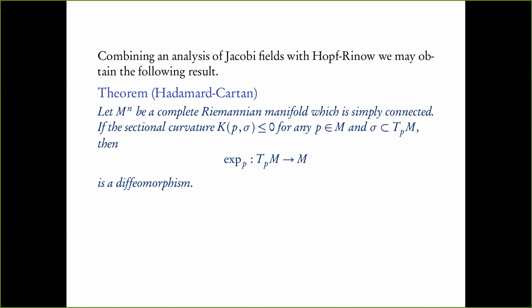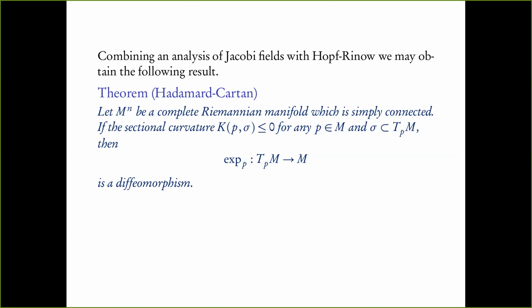So the first thing is that you might ask, why is the exponential map defined on all of T_pM? Well, that's because we're assuming that M is complete. But complete as a metric space is equivalent to geodesic completeness, which means the exponential map at any point p is defined on all of T_pM. Hence, this map makes sense. That's essentially Hopf-Rinow.